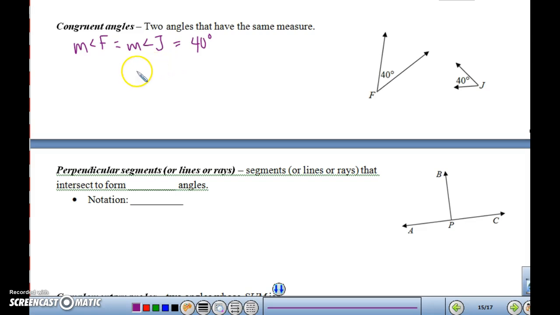Therefore, since the measures are equal, we can say angle F is congruent to angle J. Notice when I used measure, I used equal, and when I said that they were congruent, they have the same measure. I use no M, because with congruent you do not use the M.